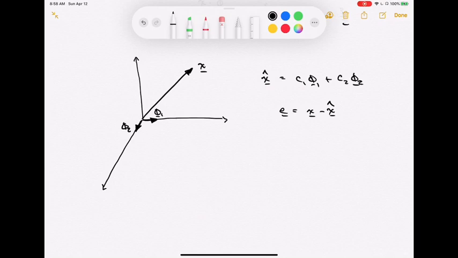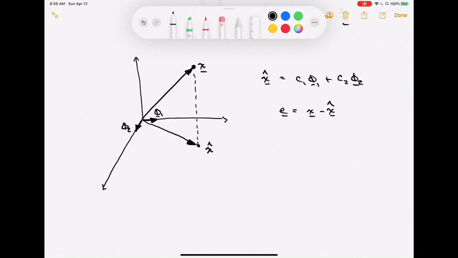So if you thought of x as being a ball above some flat plane, like I'm holding a ball above the earth, and I drop that ball, that dropped ball is going to eventually hit the plane. And when it hits that plane, that's my projection. That is going to be my x hat.